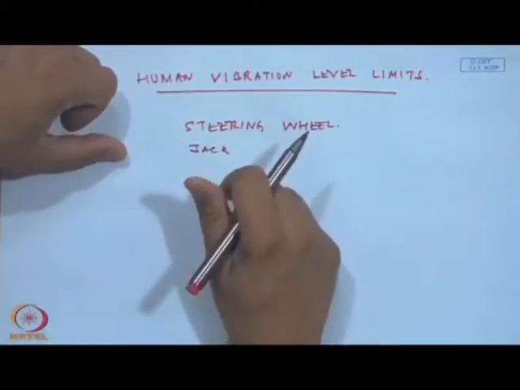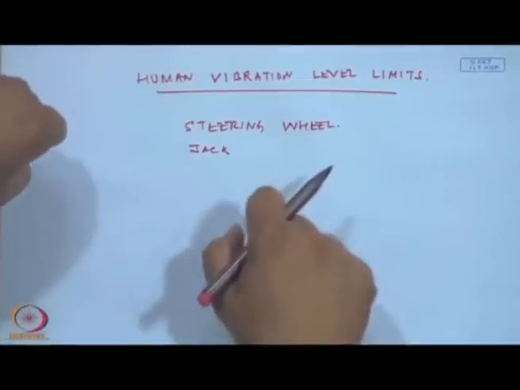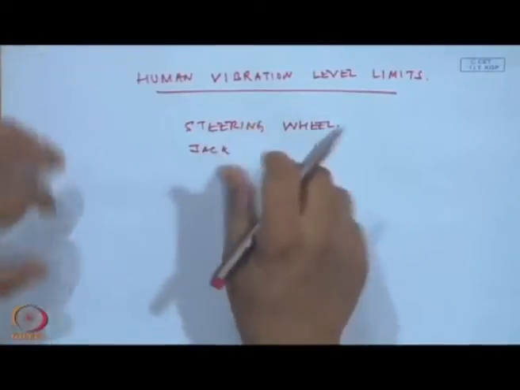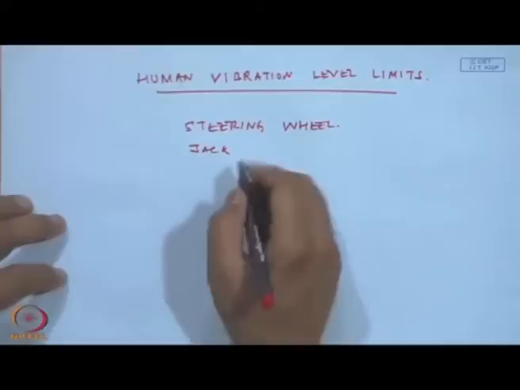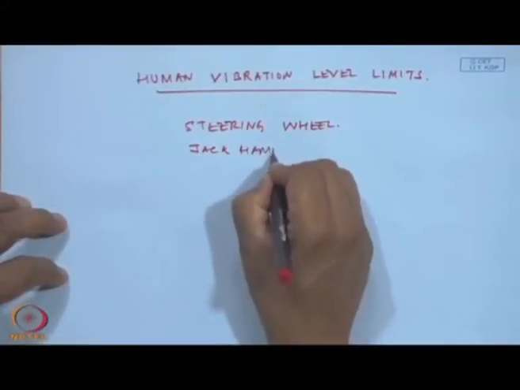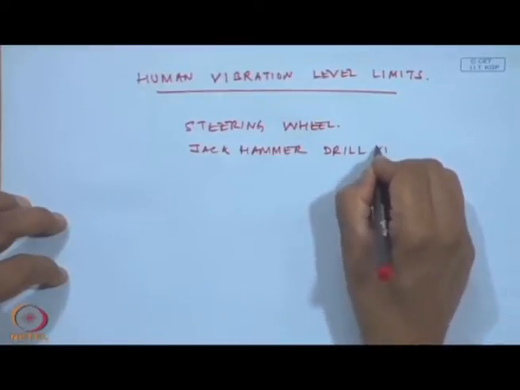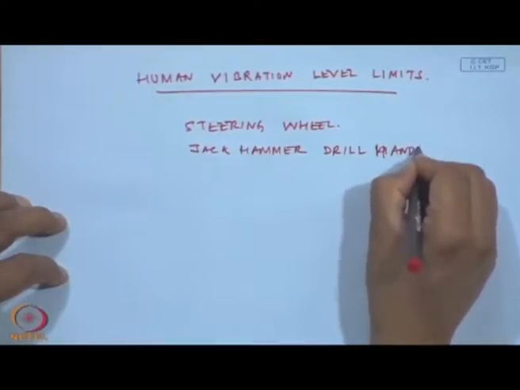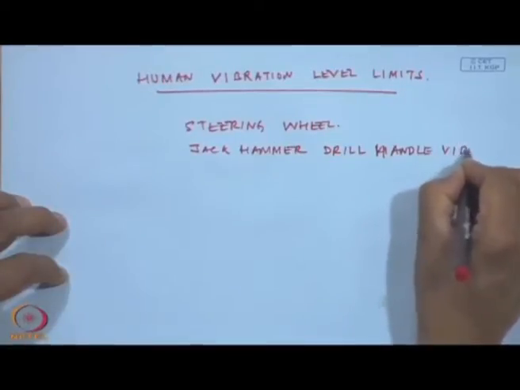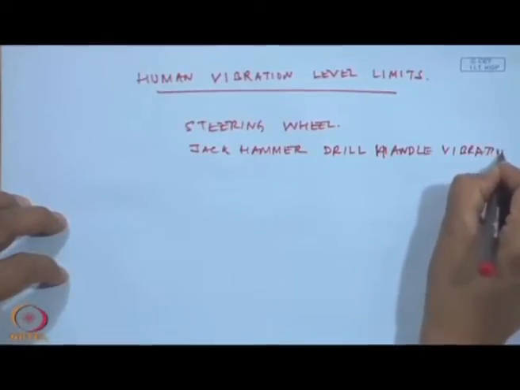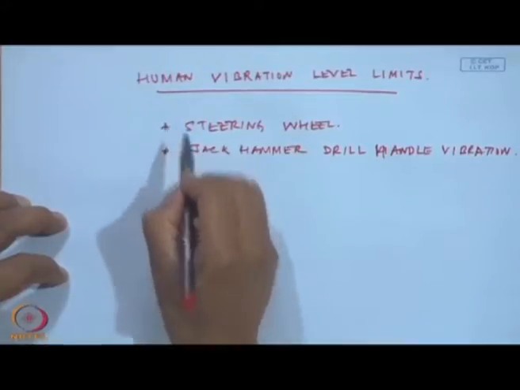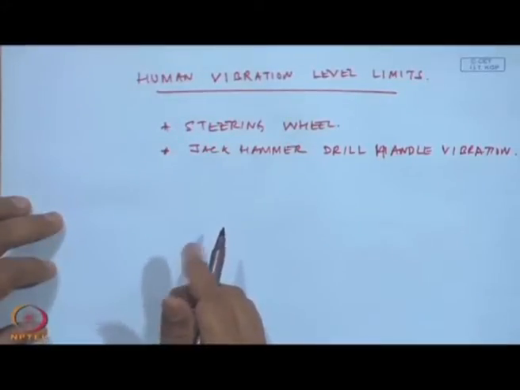If you go to any construction site, you will see people using the jackhammer drill to break concrete, and they produce a lot of vibrations on the handle. These are scenarios wherein the vibration levels could be harmful, and we have to ensure that the vibration levels are not beyond a certain level.